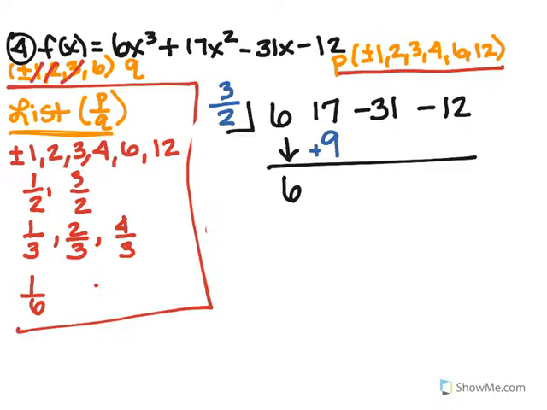Then 9 plus 17 will give us 26. 26 divided by 2, which is 13, times 3 is 39.